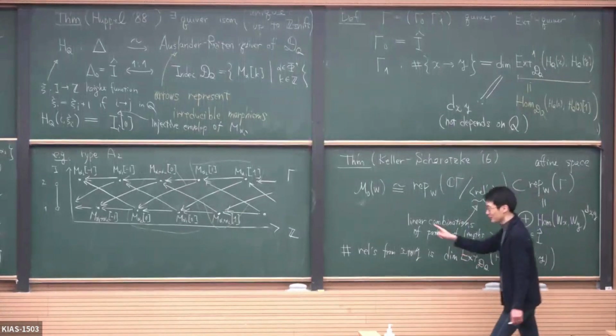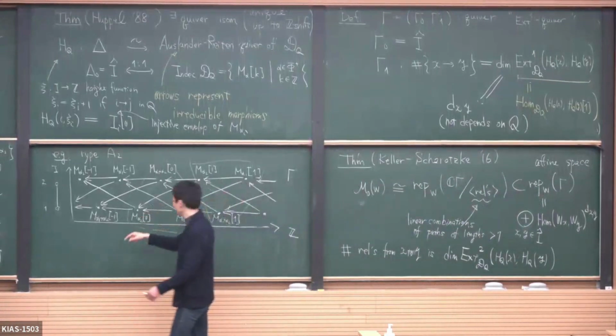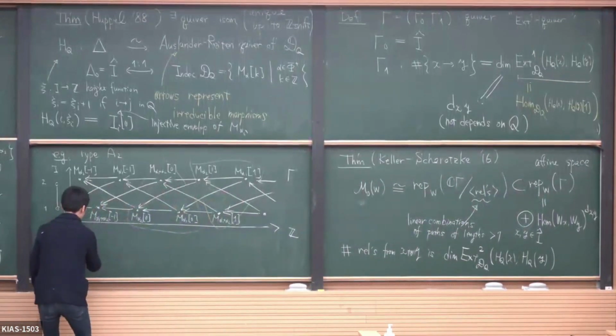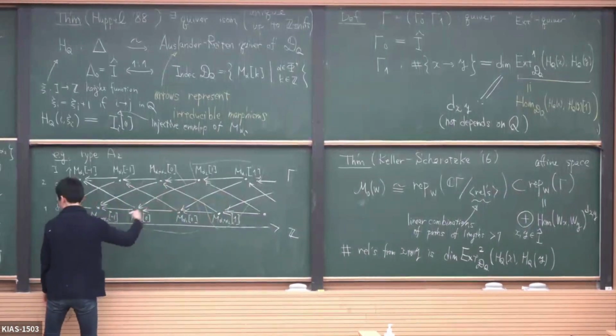It is not a linear relation. So for example, in this example, we have three kinds of arrows.